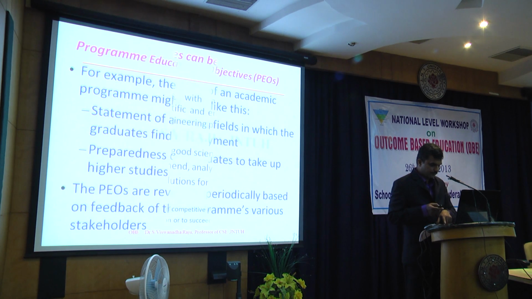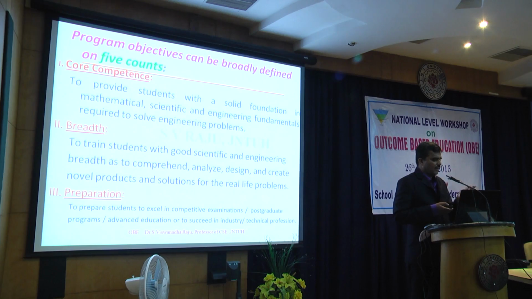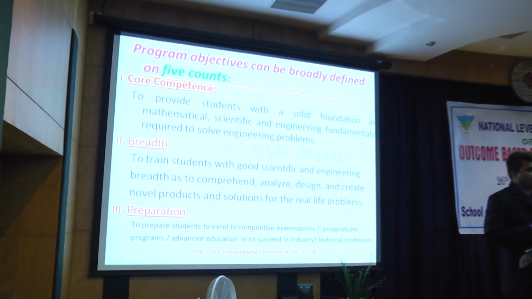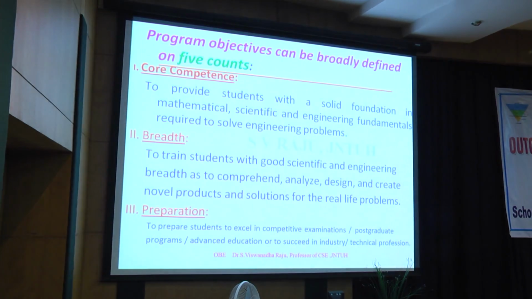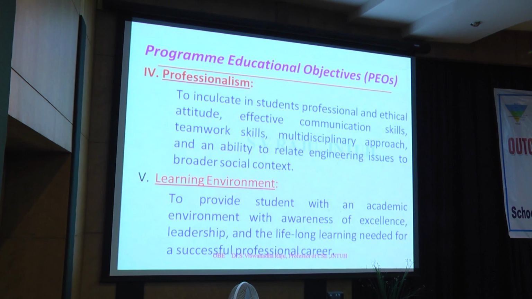Next, as far as NBA is concerned, they have taken the POs broadly as 5 components. They have defined attributes, meaning keywords: core competence, breadth, preparation, professionalism, and learning environment.